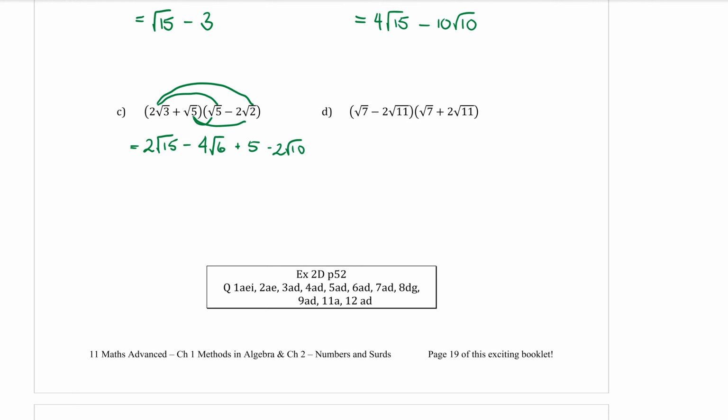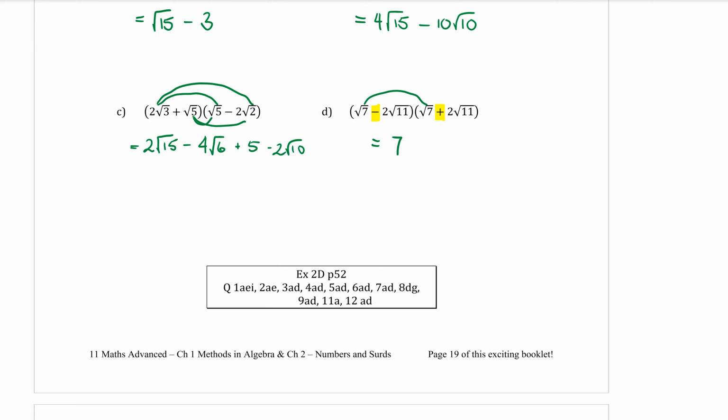And finally, part D, looking at those 2 brackets, they are identical except for that one is a plus and one is a minus. So we know that in the FOIL expansion that the 2 middle terms are going to cancel out. So to save some time, all we really need to do is the first one times the first one. Root 7 times root 7 is 7.